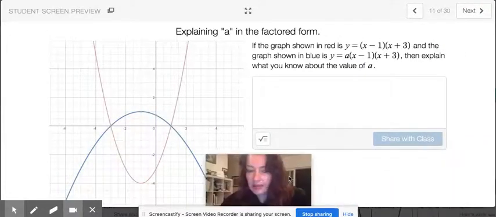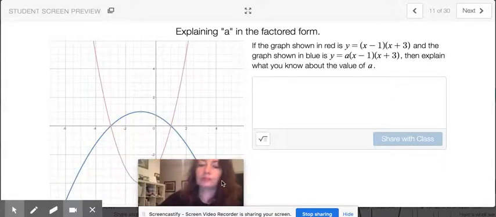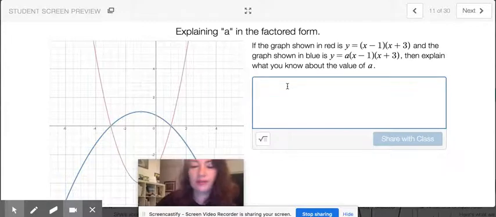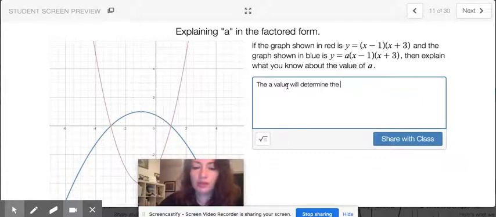We can say, explain what you know about the a value. The a value will determine the direction of the graph, in other words, up or down.